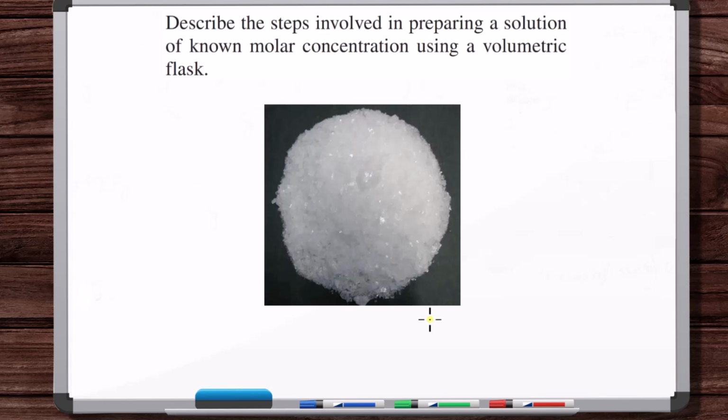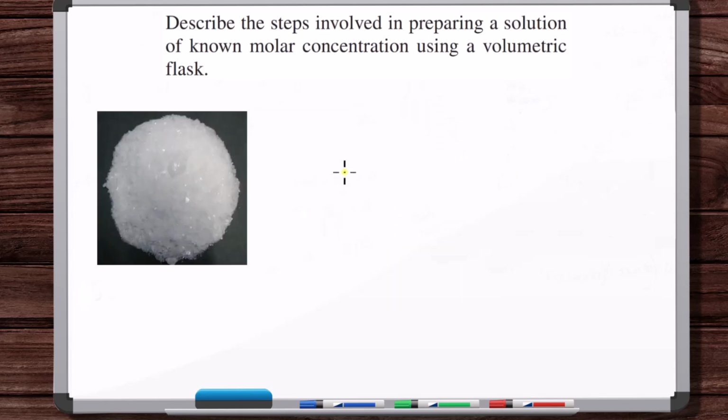So we specify the molarity, and then we know the final volume of the solution. We can just multiply that molarity by the volume, converting that volume to liters.